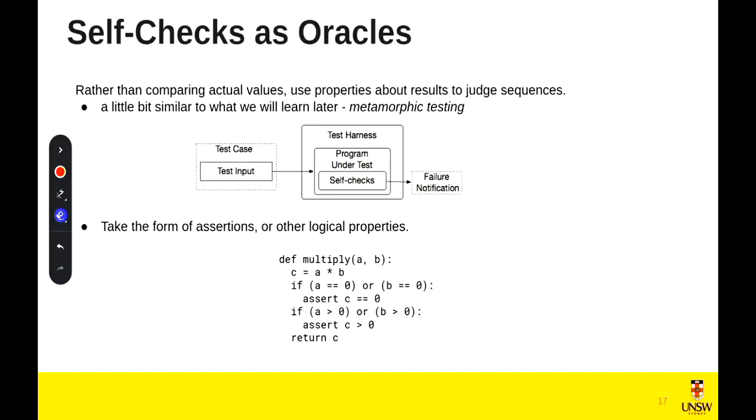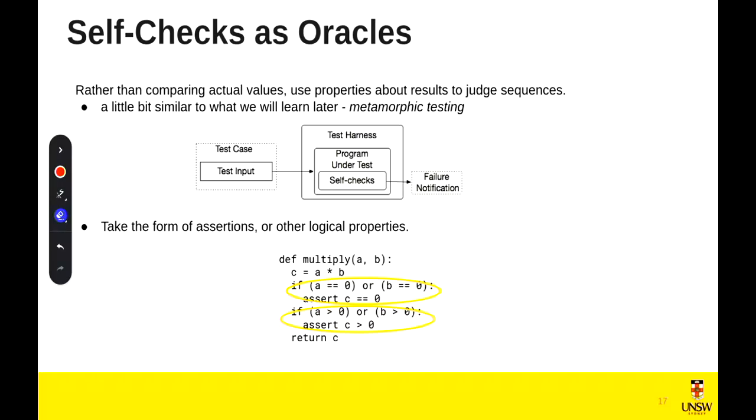Or if both of the values are positive integers, then the result should also be positive, right? So we can also use this property to derive another assertion here. So we can add some self-checks like this into the program under test, and if we have implemented the program with errors, then they will notify us about failures when we do testing.